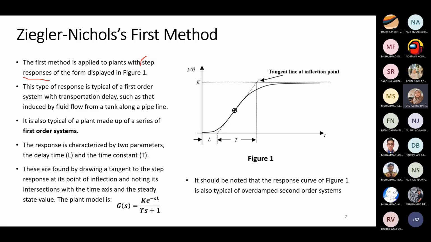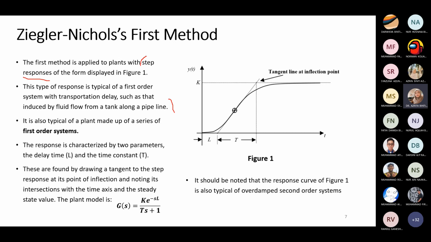So we can see here we have a delay here. After that, the response increases and stabilizes at a certain point. Such a delay is introduced, for example, by fluid flow from a tank along a pipeline. So basically, we use this method on process systems.